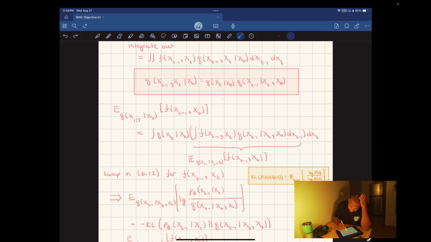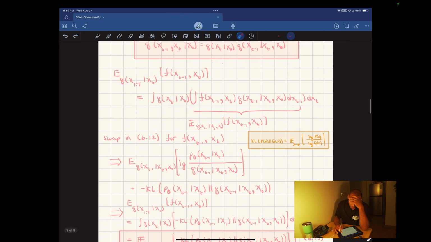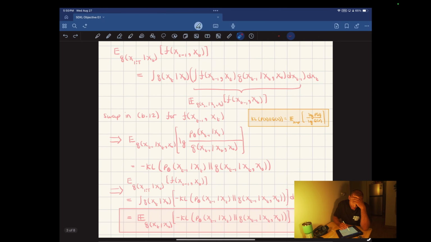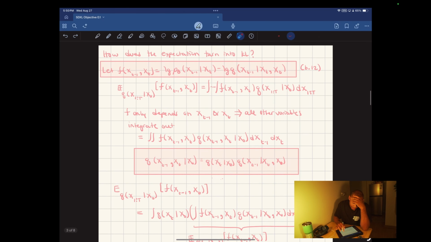So this, weighted by this posterior, is just this expectation. We bring this posterior, so this is the expectation under this posterior of f of x_{t-1}, x_t, right? And then what's f of x?